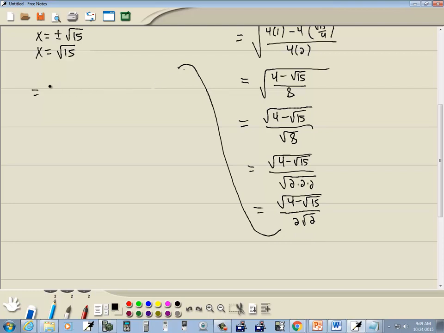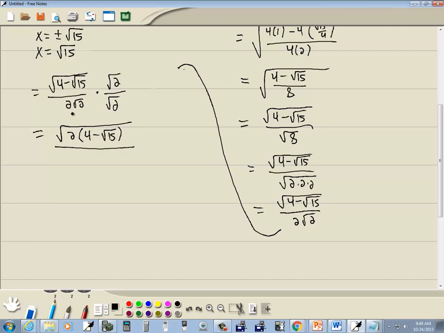So what we're going to do is multiply the top and bottom by the square root of 2. So up on top, that's going to give us the square root of 2 times (4 minus the square root of 15).